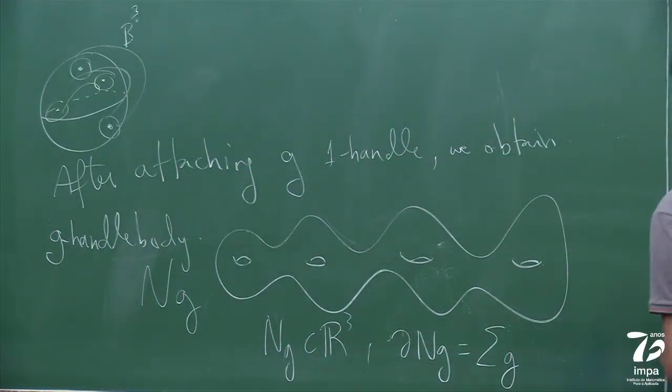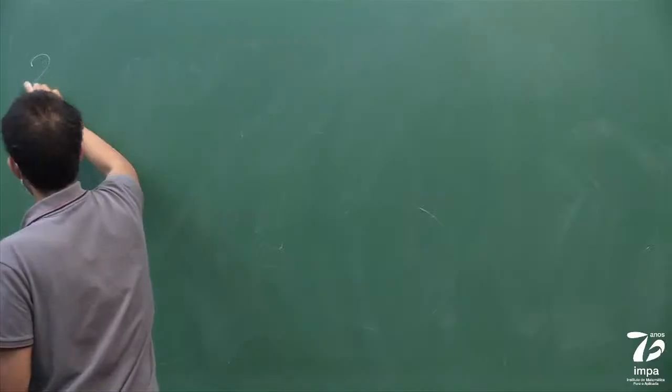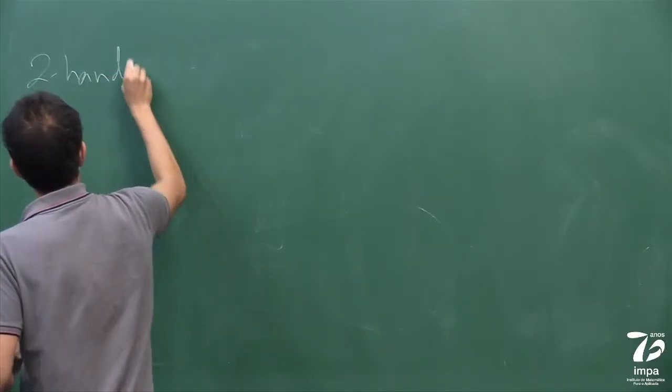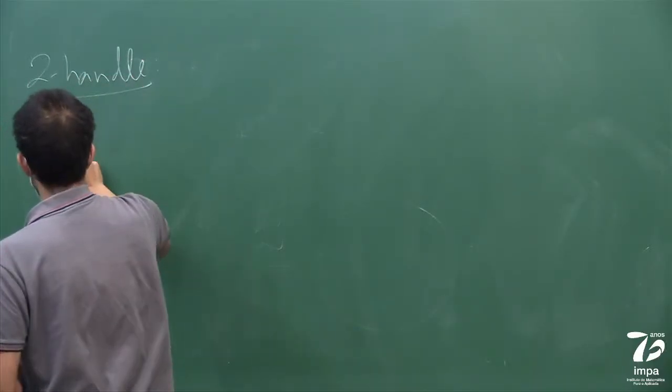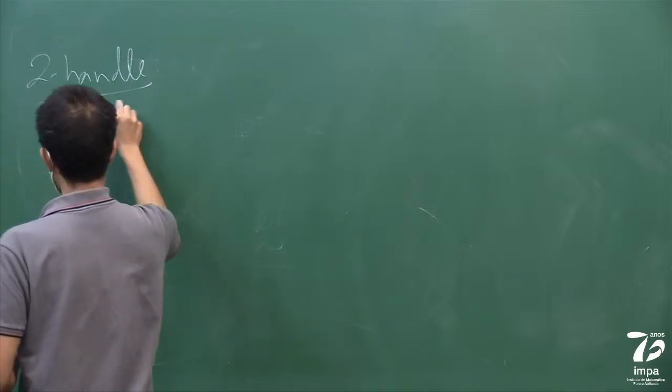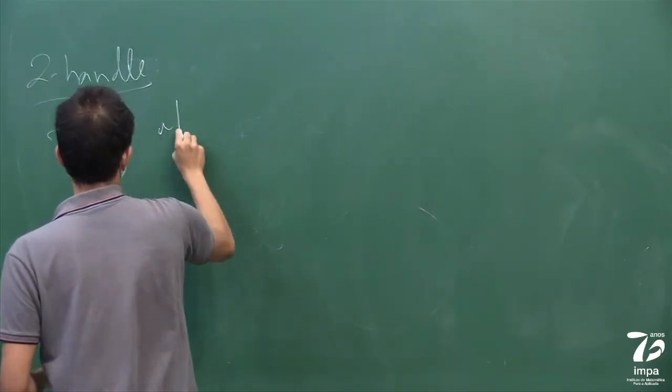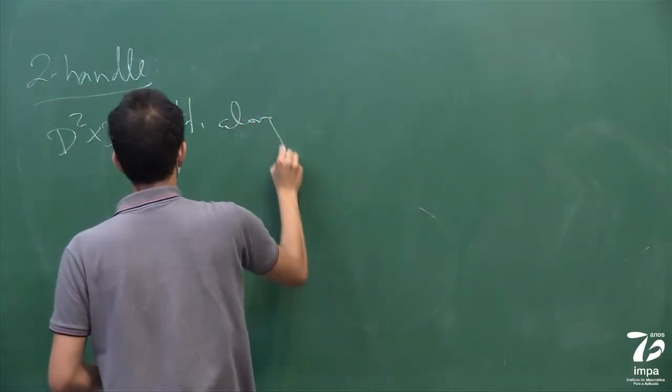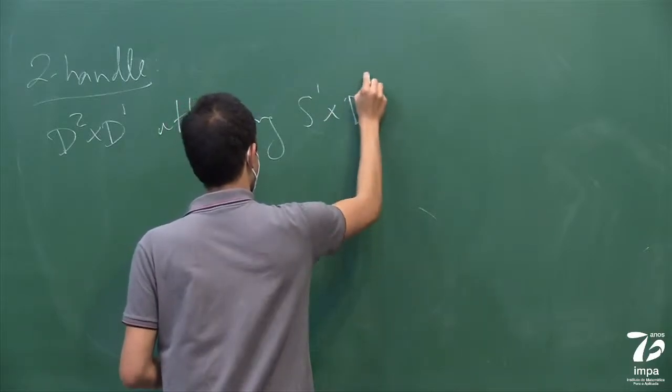So a 2 handle here, in dimension 3, I kind of explained this last time, or maybe two classes ago, I can't remember. What's a 2 handle? A 2 handle is a D2 times D1 attached along an S1 times D1.